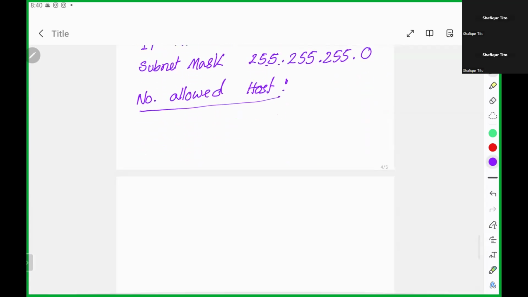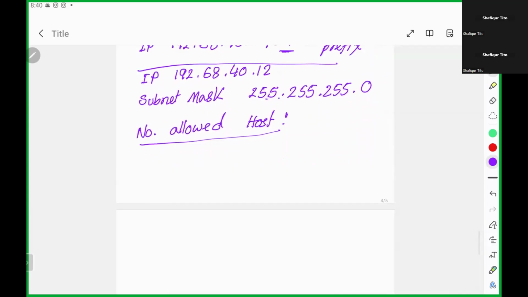So first I need to find out the number of host ID bits. The total length is 32 bits. I have allocated 24 bits for the network. So the rest, 8 bits, will be for the host, right?